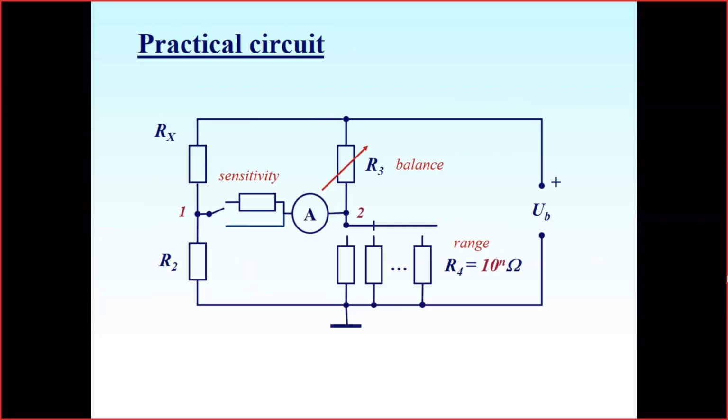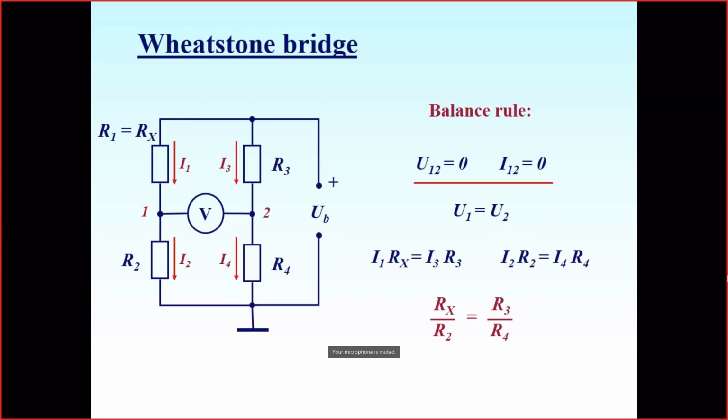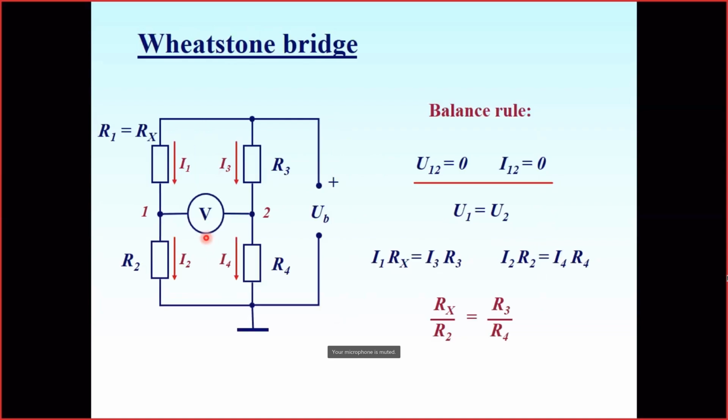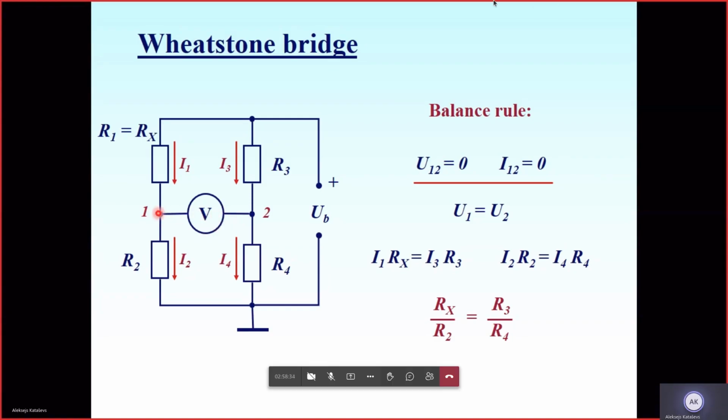A practical circuit may be a little bit different from the scheme I just described. Why? Because first of all, the voltmeter may not have enough sensitivity for the voltage difference between points 1 and 2.